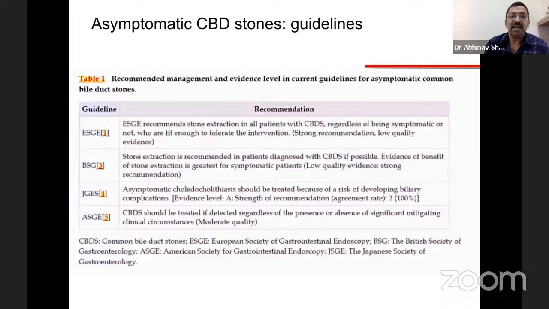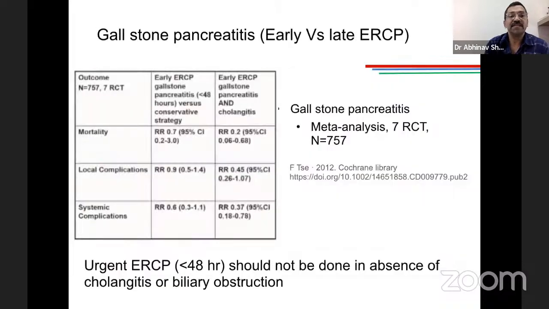But still, since we do not know the natural history of these asymptomatic CBD stones, all of the guidelines recommend ERCP to remove the stone. Only, we have to be careful about complications, and these asymptomatic patients specifically have to be done by an expert at a high volume center.